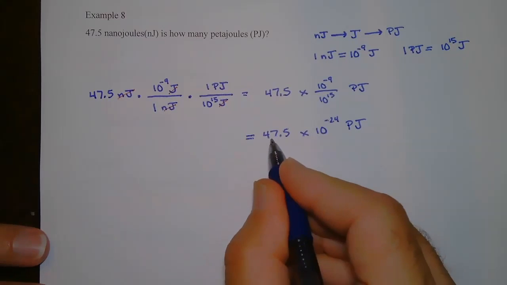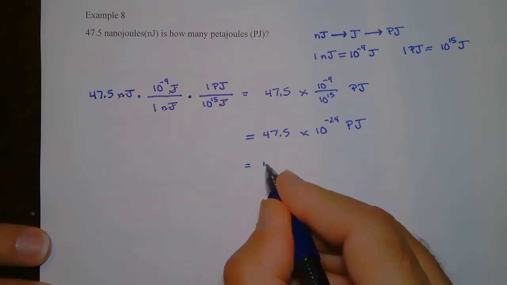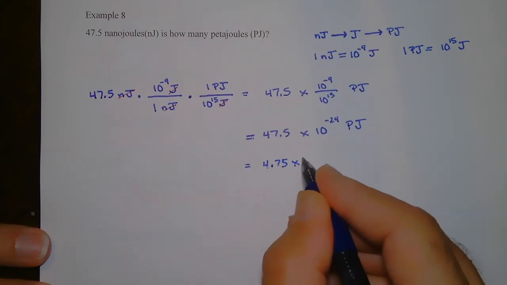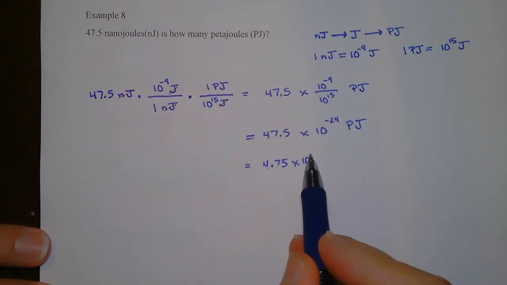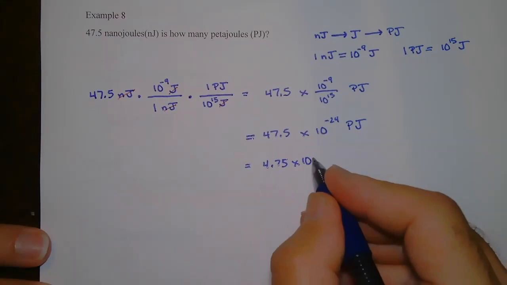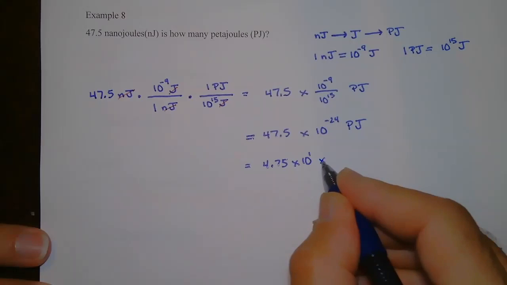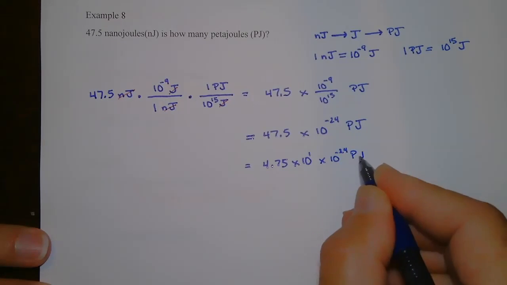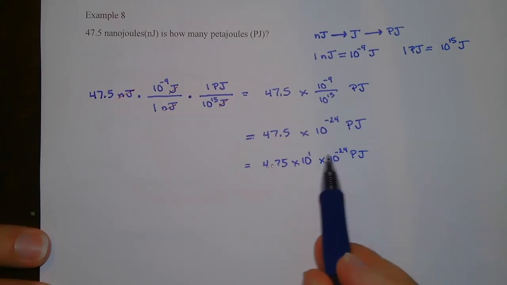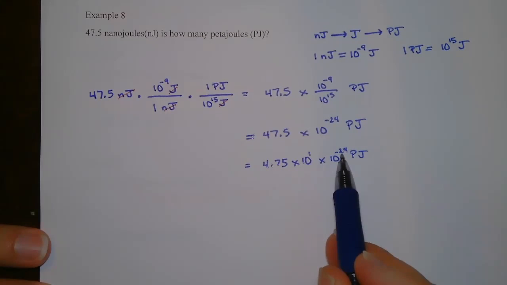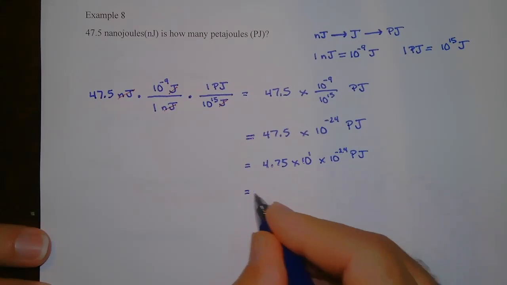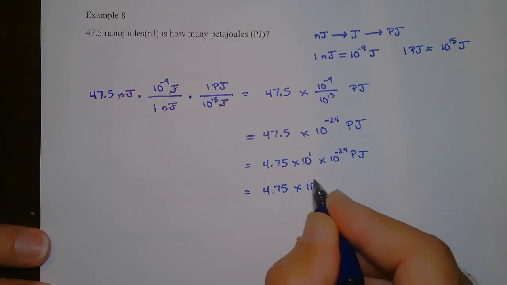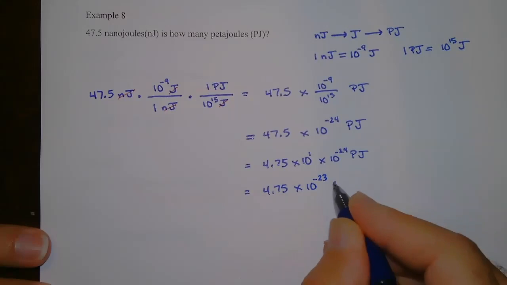So this is 4.75 times 10 to the 1, times 10 to the negative 24 petajoules. Now I add these exponents: 1 plus negative 24 makes negative 23. So this is 4.75 times 10 to the negative 23 petajoules.